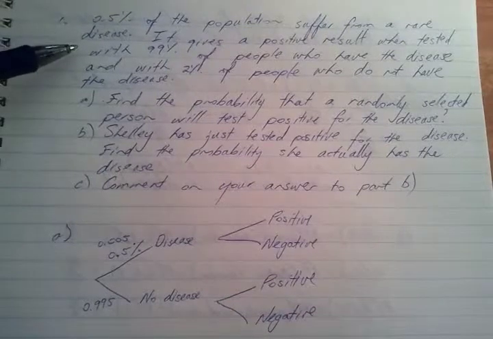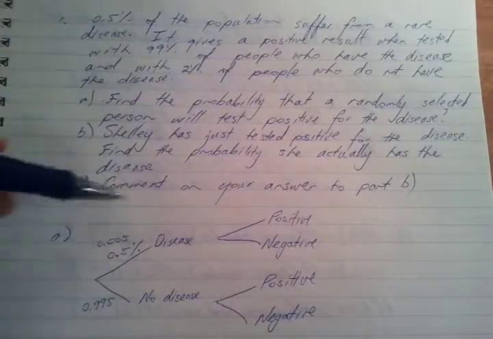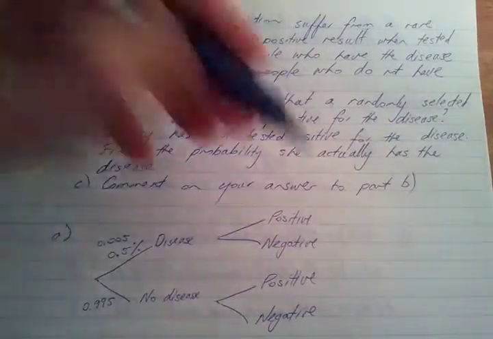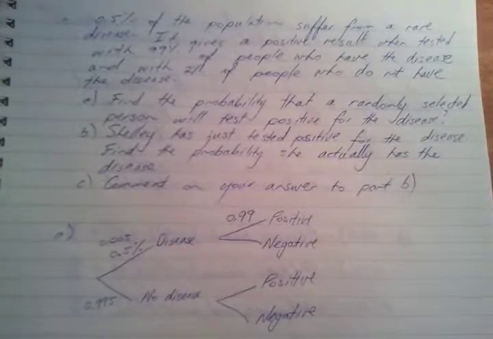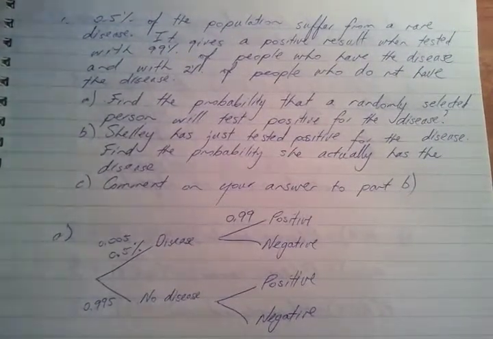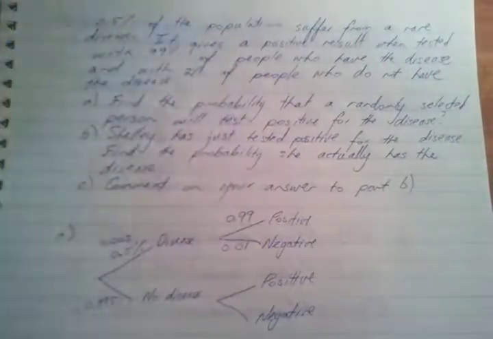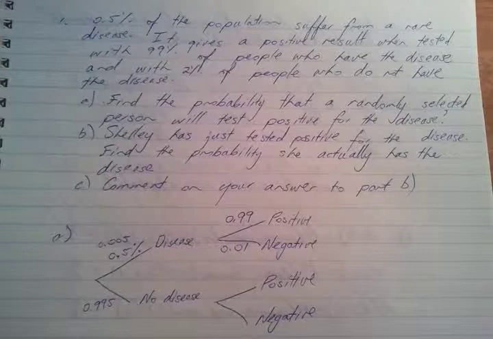Now it's supposed to give a positive test with 99% of the people who do have the disease. So if you have the disease and you're tested, then 99% of the time, it'll come up positive. But that means that even if you have the disease, you might test negative 1% of the time.